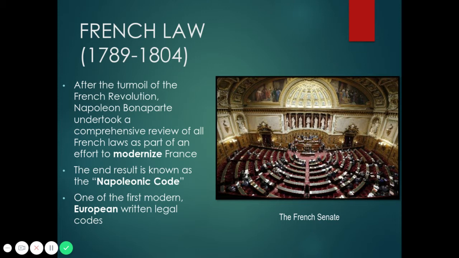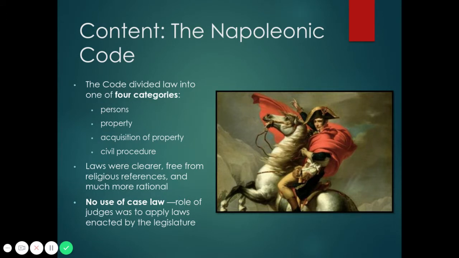But one of the positive things that comes out of this period is the modernization of the French legal system. Of course, Napoleon names his new legal code after himself, and it is incredibly comprehensive. It's one of the first modern written legal codes. And of course, as we said in the last lesson, it's heavily influenced by Roman law.